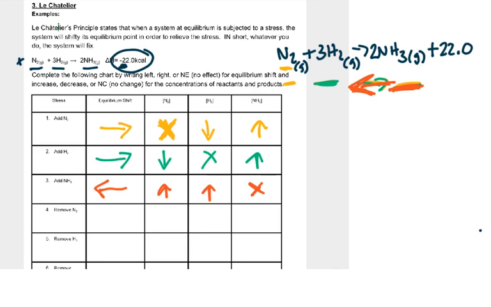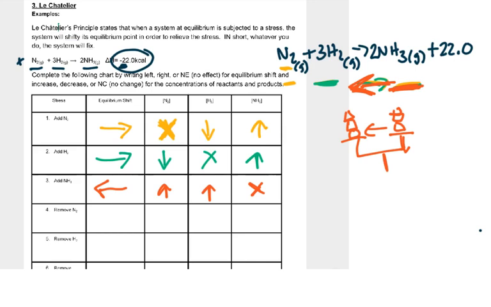You can think of it almost like a balance, like a little scale dipping one way or another. If I increase the amount of stuff on this side, it's going to fall down. So in order to balance that back out, I need to increase the amount of stuff on this side, so I shift it in that direction. Hopefully that makes it a little clearer visually.